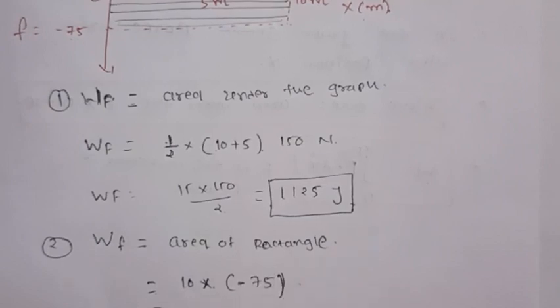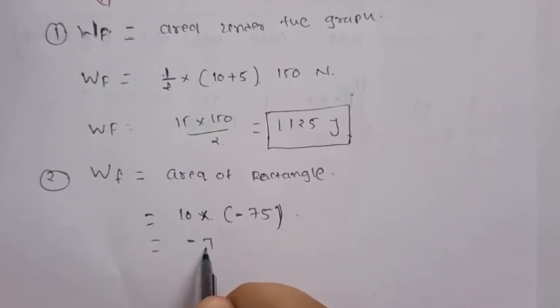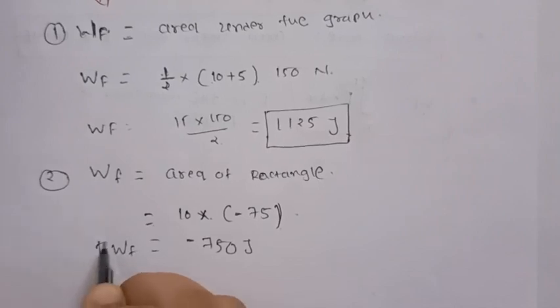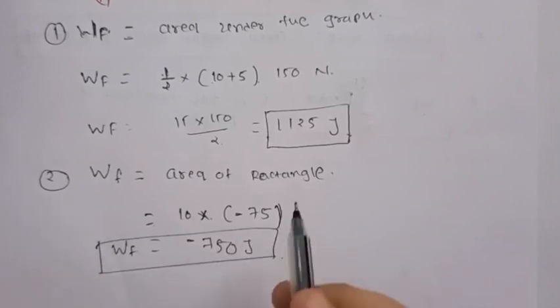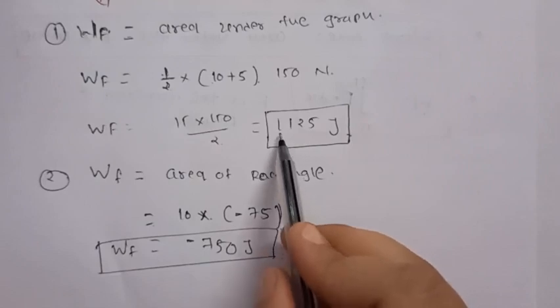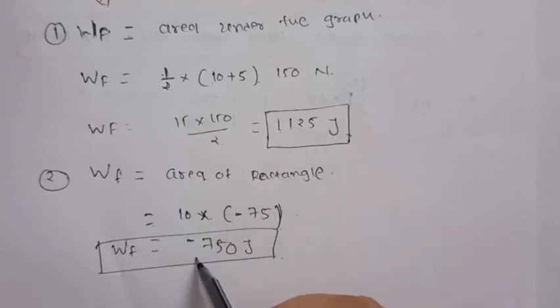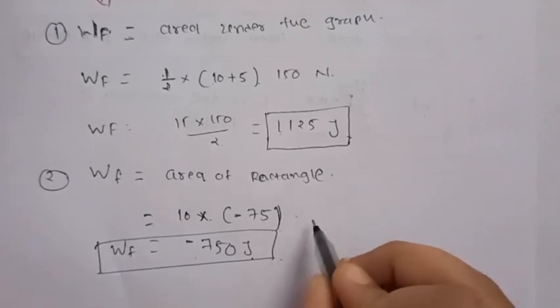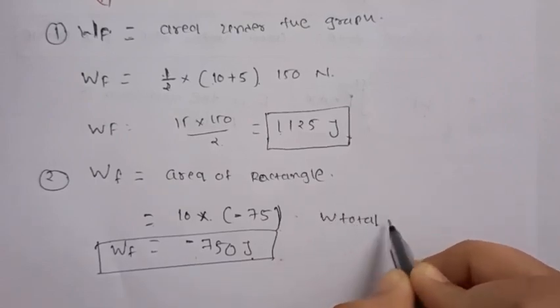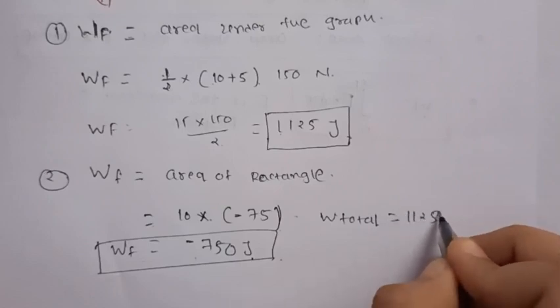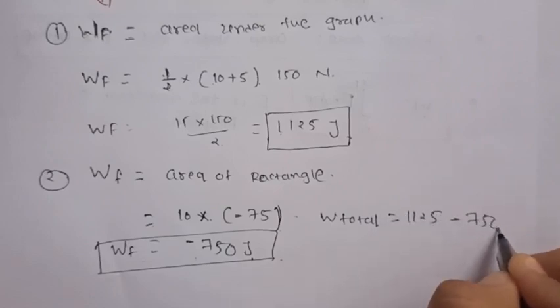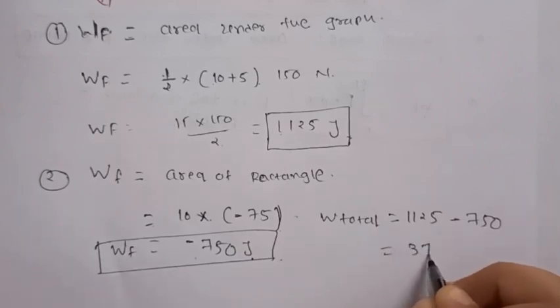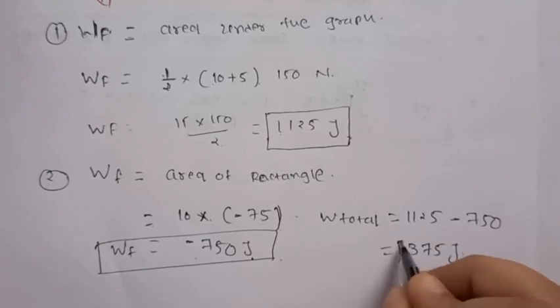So the work done will be minus 750 joule. So the work done by applied force is 1125 joule and work done by frictional force is minus 750 joule. If we want to find the total work done, then that will be 1125 minus 750, that will be equal to 375 joules.